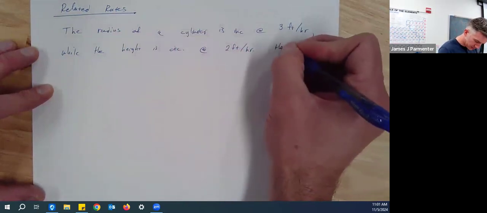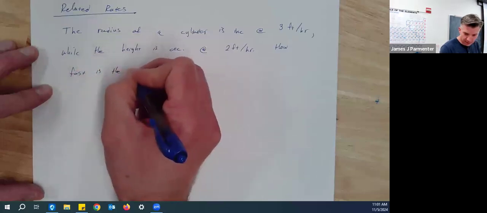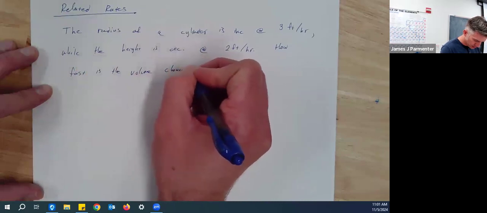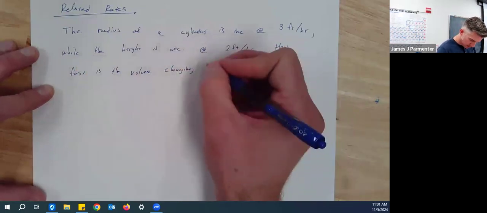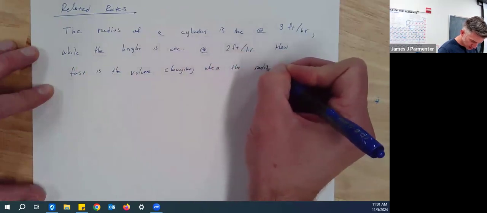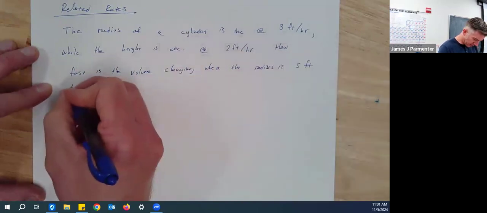How fast is the volume changing when the radius is 5 feet and the height is 4 feet.